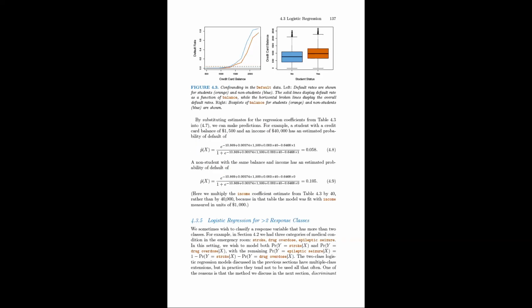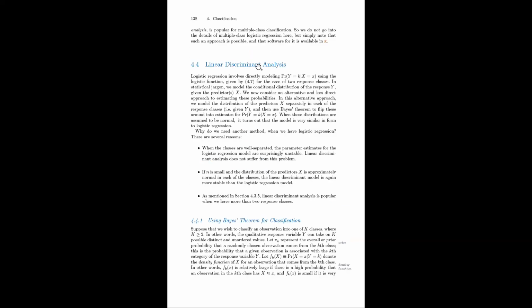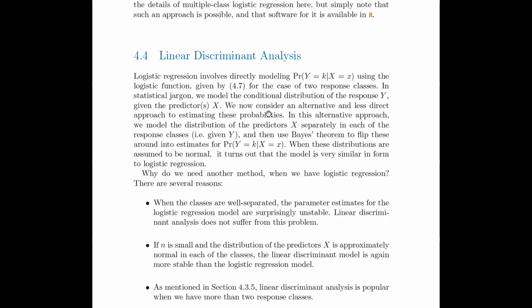We're now moving to linear discriminant analysis, where let's just remind each other, this entire chapter is on making predictions for a variable that takes on qualitative data as opposed to quantitative, as opposed to numerical.